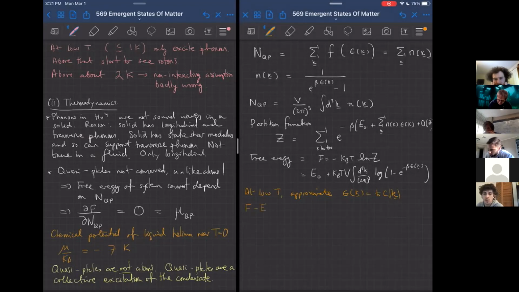I can't calculate the ground state energy because that's something complicated in any many-body system. So we'll call this the free energy of the phonons.